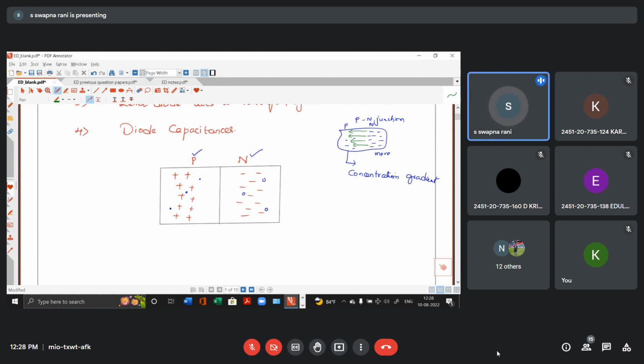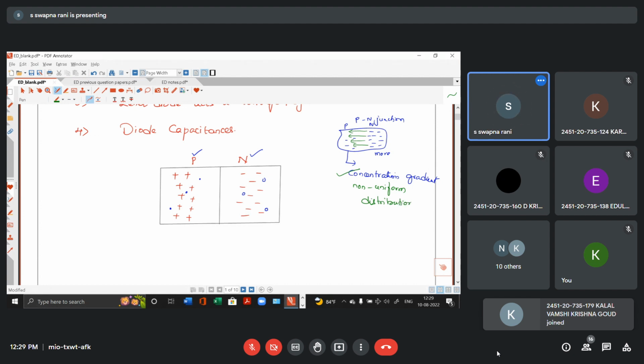Because of this concentration gradient, which is nothing but non-uniform distribution of charge carriers, the charge carriers that are more will try to move from the higher concentration region to the lower concentration region. So electrons will be trying to move from N to P.